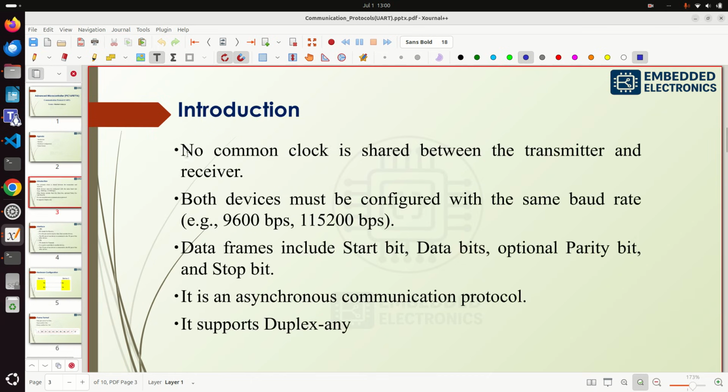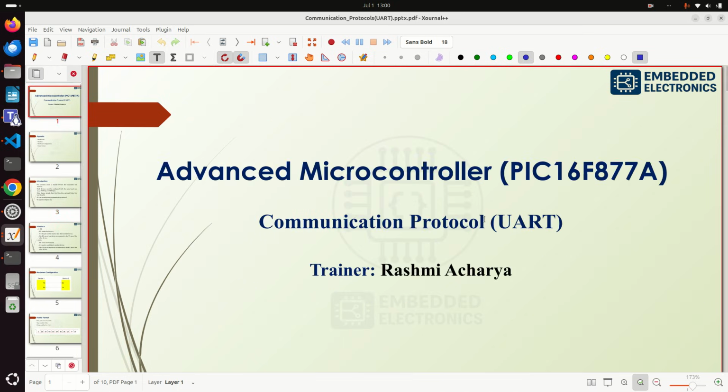In this protocol, no common clock is shared between the transmitter and receiver. So which type of protocol is this, synchronous or asynchronous? What does UART stand for? Universal asynchronous receiver and transmitter.